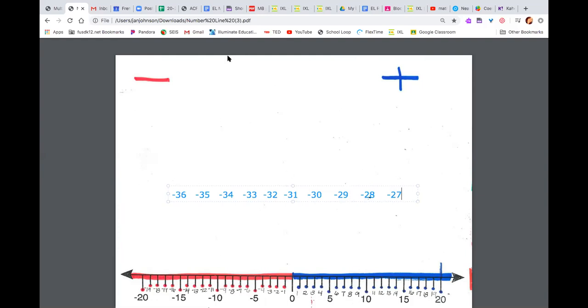Is it negative 30? Negative 30, yeah. So my start is here, we're adding 6. So 0, 1, 2, 3, 4, 5, 6, and we stop at negative 30.